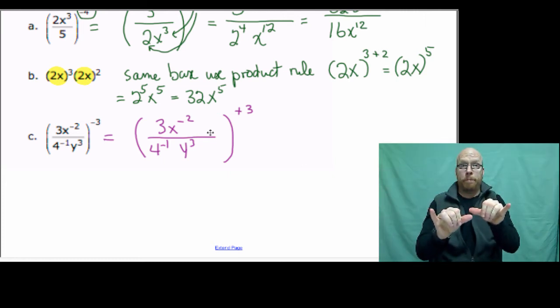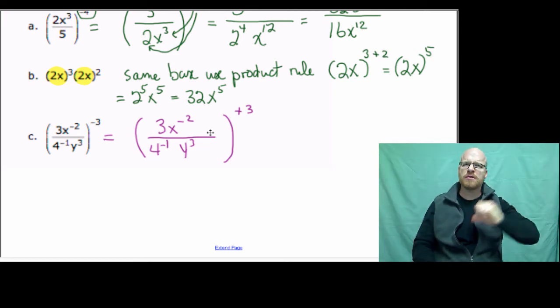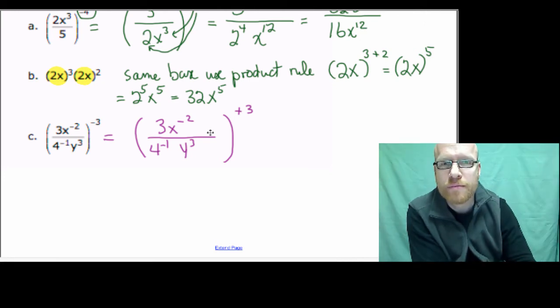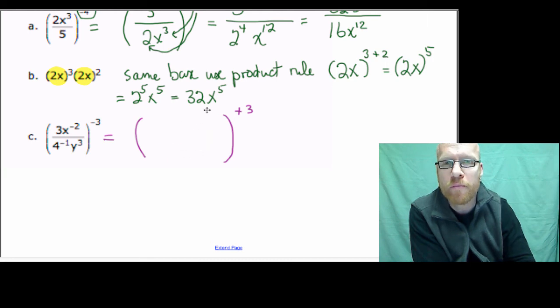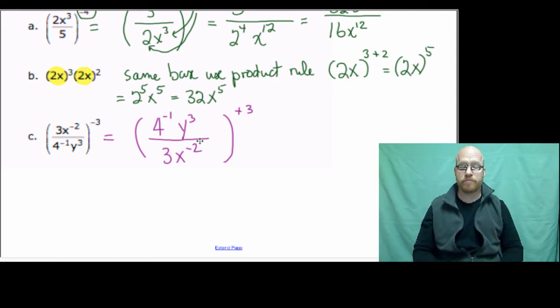I kept it the same. The exponent on the outside became positive, and then the fraction, wait a minute. I forgot to flip the fraction. Hold on, let me fix that. Okay, now, excuse me for that mistake.